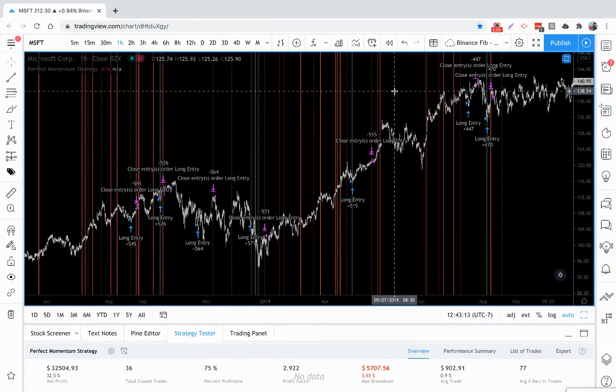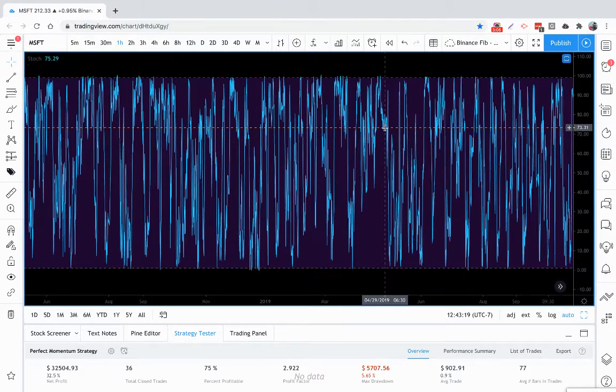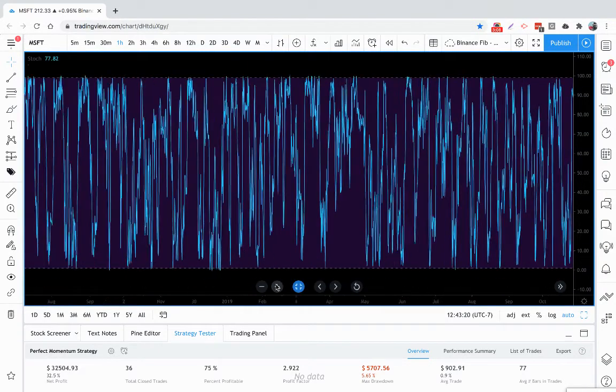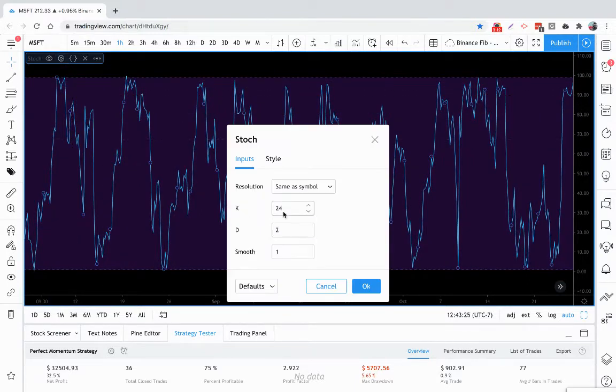And what's actually happening, I have here in the background, the stochastic set on a 24 setting, just so you can see.